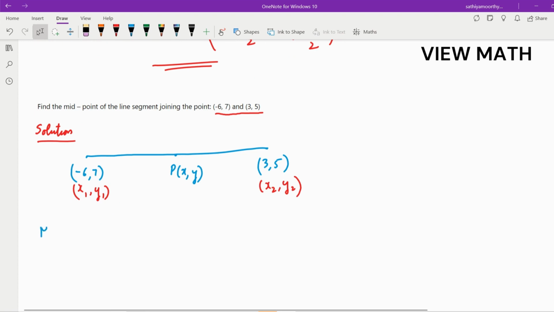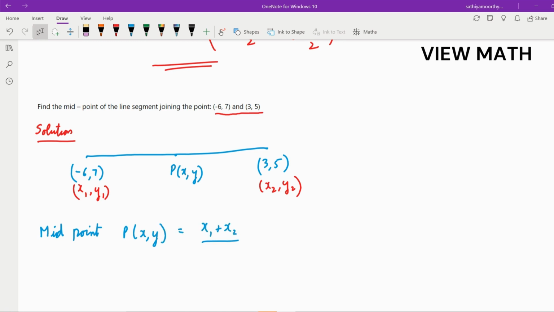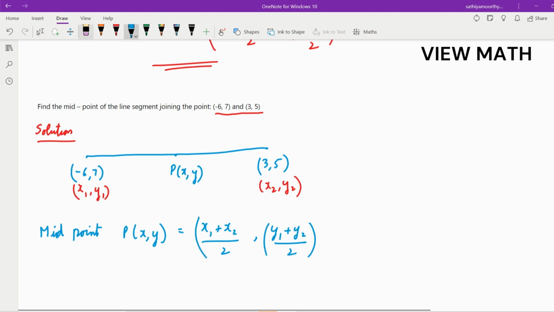Now I am going to use the midpoint formula to find the midpoint P, that is (x, y). The formula is (x1 plus x2) by 2, (y1 plus y2) by 2. So I am going to substitute the values in this formula.